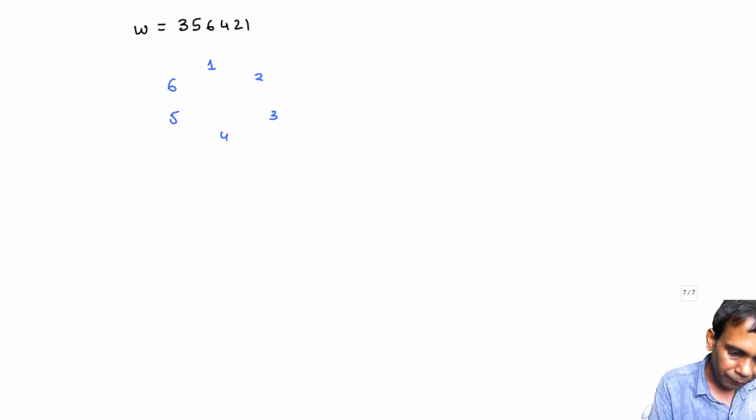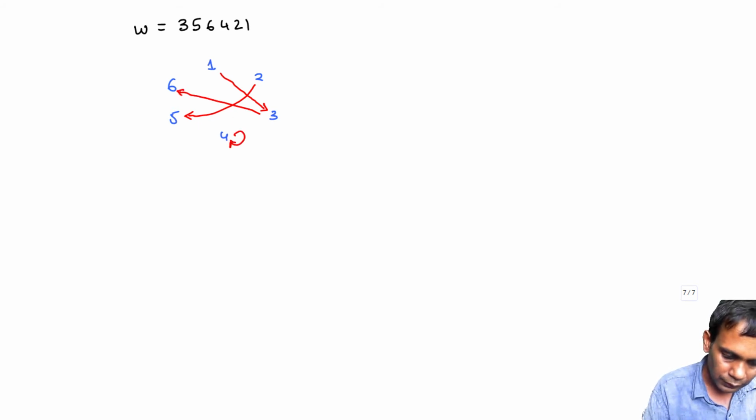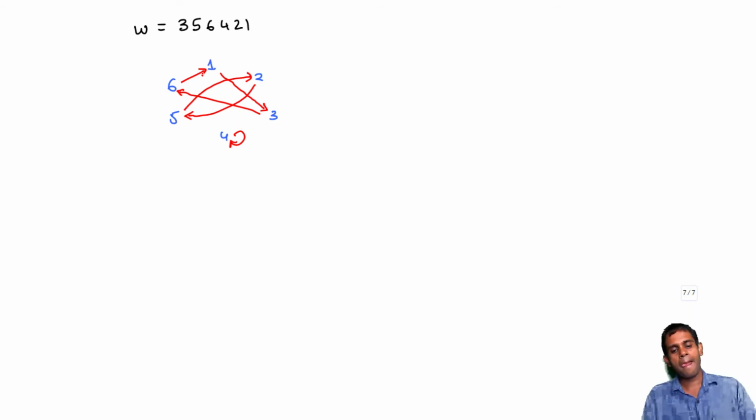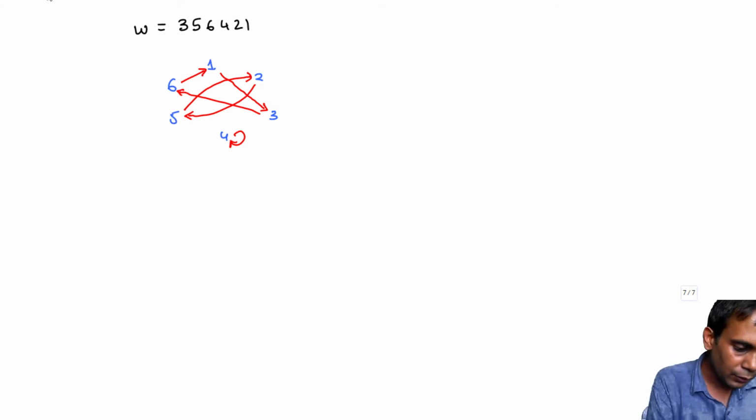Cycle type: 1 goes to 3, 2 goes to 5, 3 goes to 6, 4 goes to 4, 5 goes to 2, and 6 goes to 1. Okay, and let's try to do some conjugation.